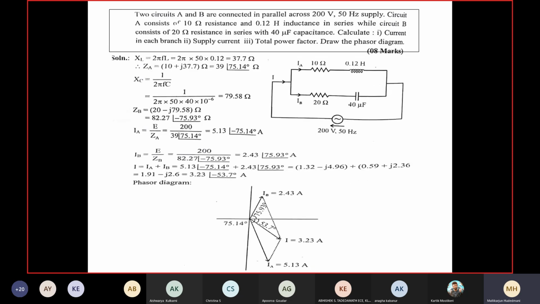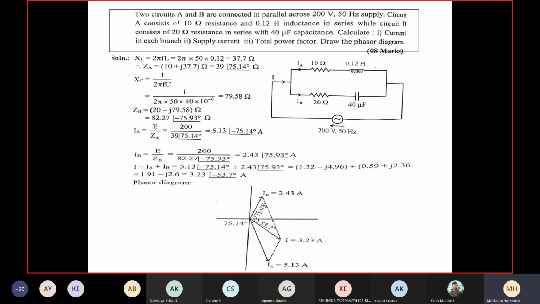Can you see this problem? You have been given text. Two circuits A and B connected in parallel across 200. You should not see the circuit immediately, because the circuit is the one you have to develop after understanding. Correct? Then circuit A: 10 ohm resistance, 0.12 Henry inductance in the first arm.